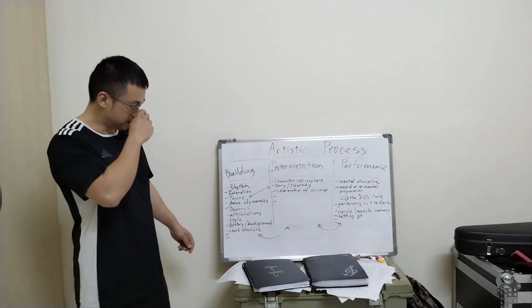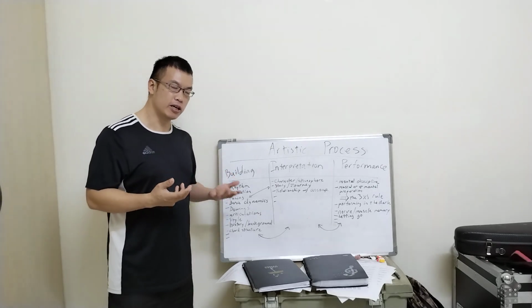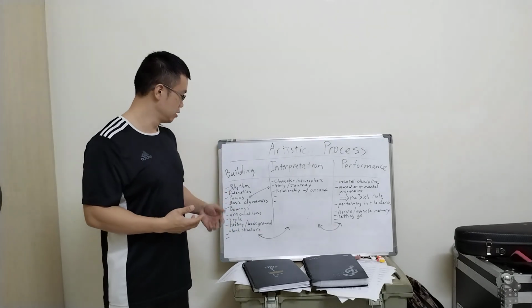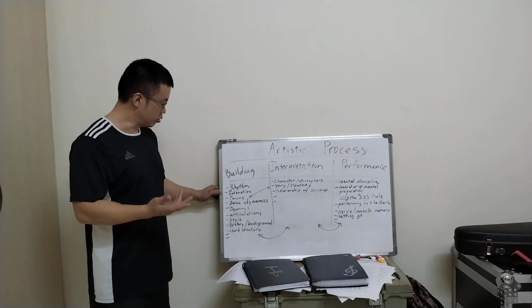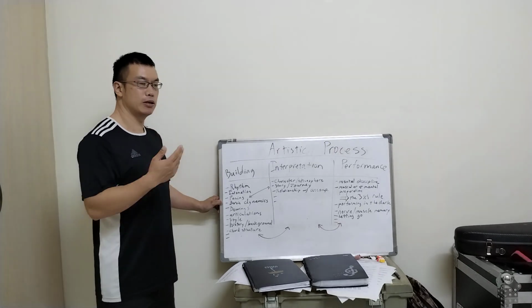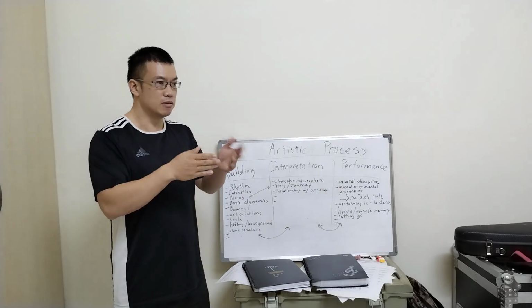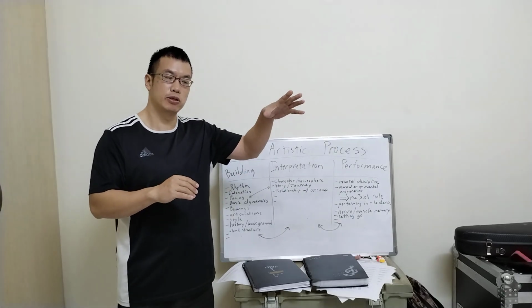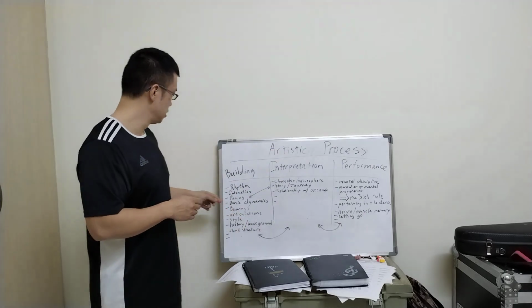So here we go. In building, some basic things that are nice to take into account when you're first taking a look at a piece will be rhythm, intonation, of course, bowings, articulations, basic dynamics, which is how you're going to begin the piece, how you're going to build up to the culmination point, how you're going to release out to the end of your piece.